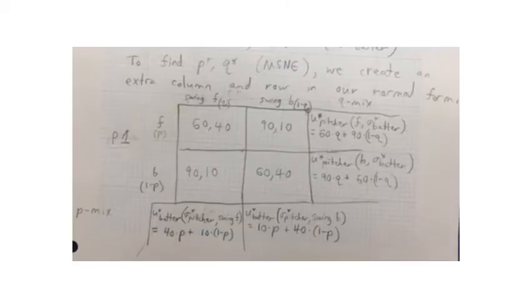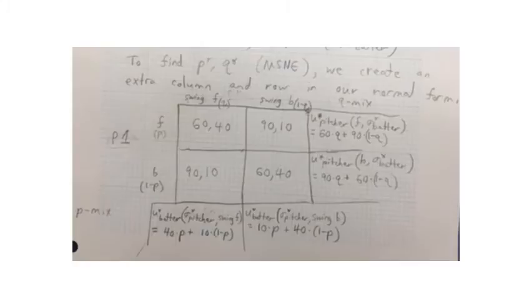So if the pitcher pitches fastball and the batter follows the mixed strategy, then with probability Q, the pitcher is going to get a payoff of 60, and with probability 1 minus Q, the pitcher is going to get a payoff of 90.